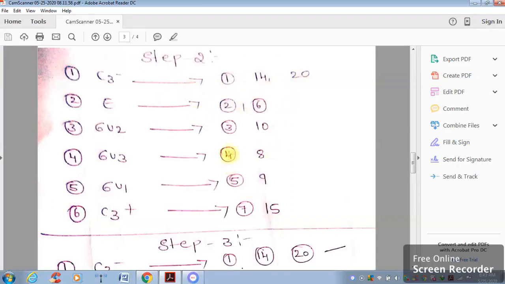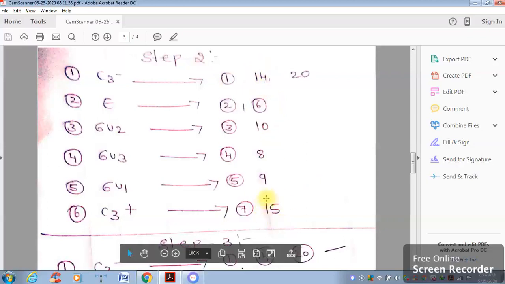Next, double of 4 is 8, write 8 here. The next number is 9, write 9 here, and 10 here. In the second step we wrote 14 at top, 15 at bottom.